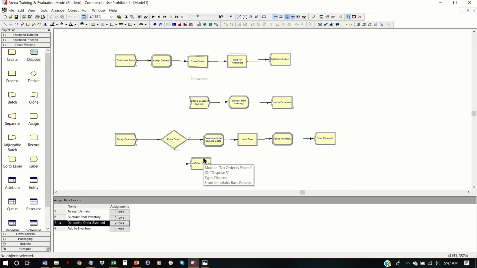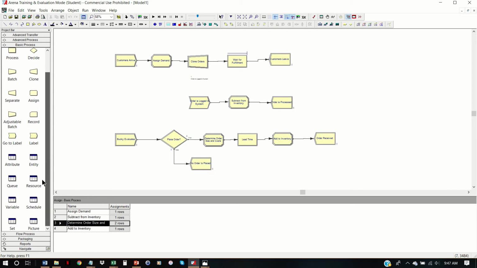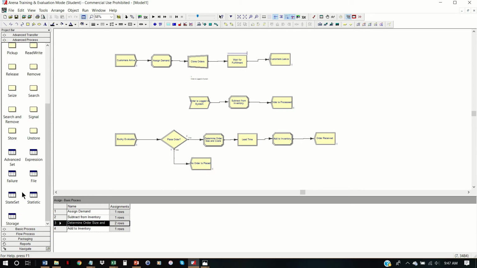Now, the things that Bucky wants to measure are the average operating cost per day, so the average total operating cost per day of this system. So we're going to create some statistics.